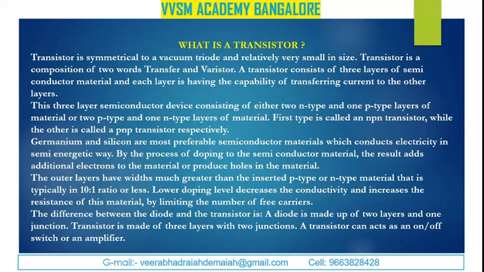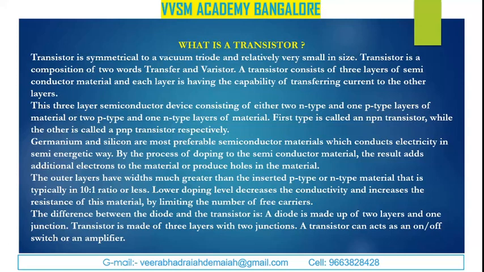Germanium and silicon are the most preferable semiconductor materials, which conduct electricity in a semi-conducting way. By the process of doping the semiconductor material, the outer layers have widths much greater than the inserted P-type or N-type material, typically in a 10:1 ratio or even less.